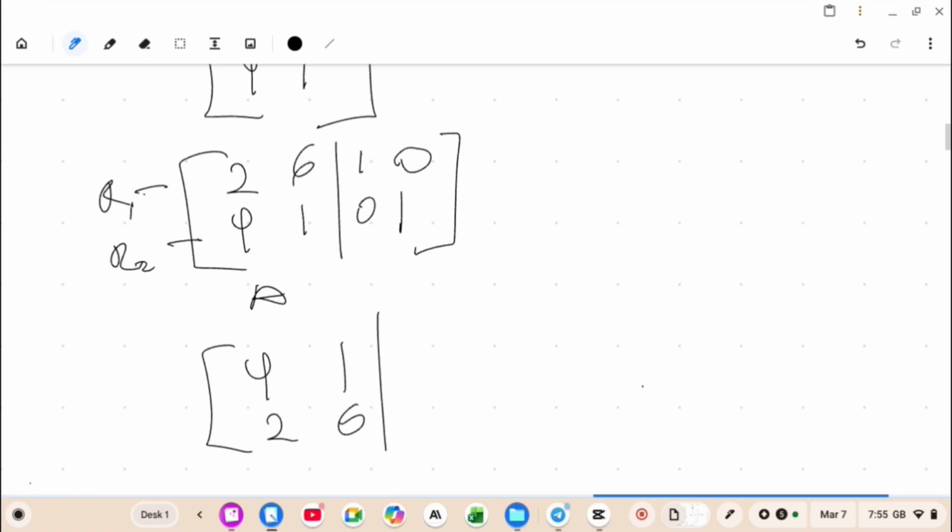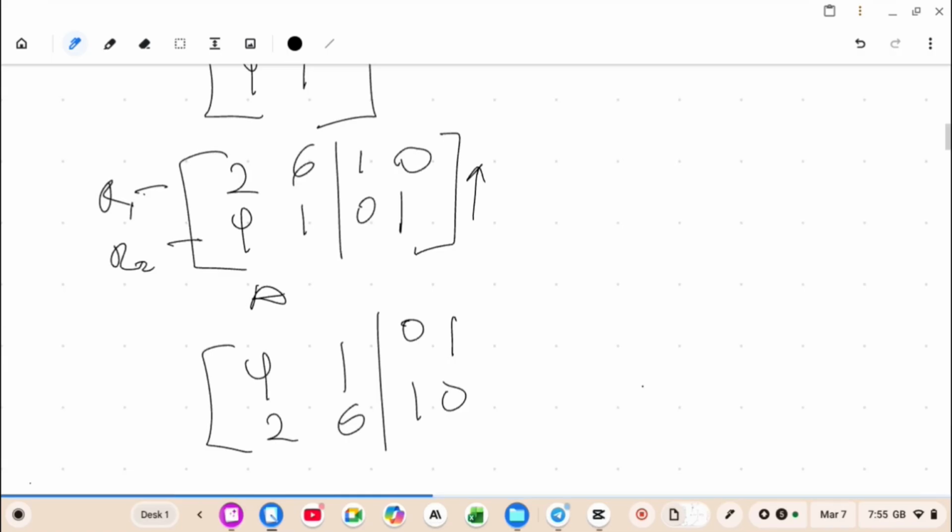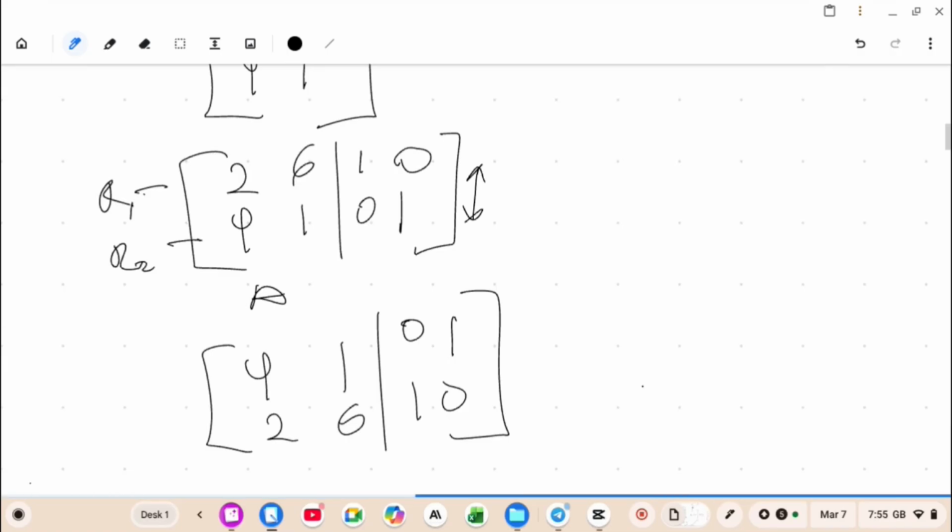And then you interchange this side too, so you get 0, 1, 1, 0. That's one way you can solve it.